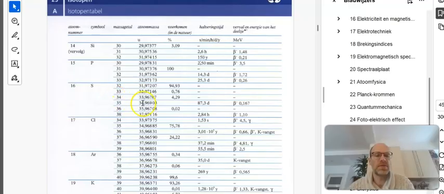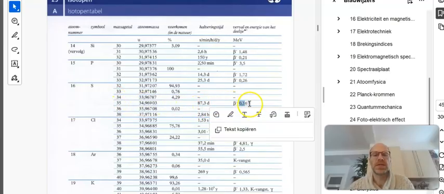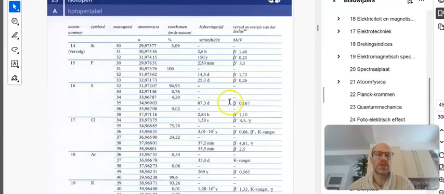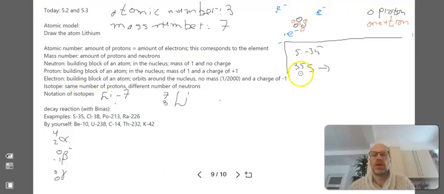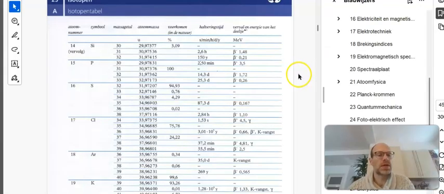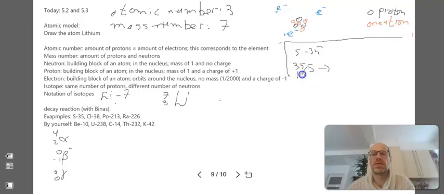And for 35, I can see over here, it says it has beta decay. Okay, that's cool. So I know it is beta decay because it says so in the last column, and I know its atomic number is 16. 16, and we have beta decay.